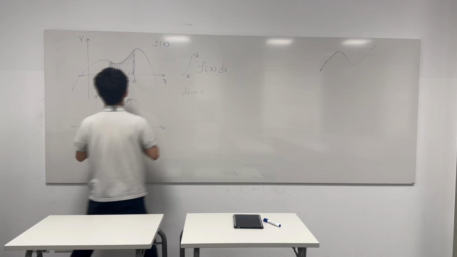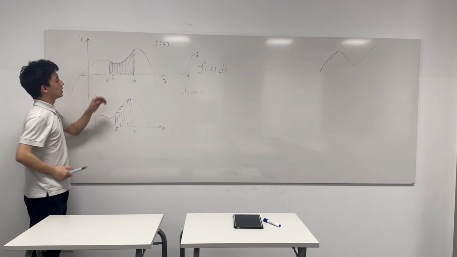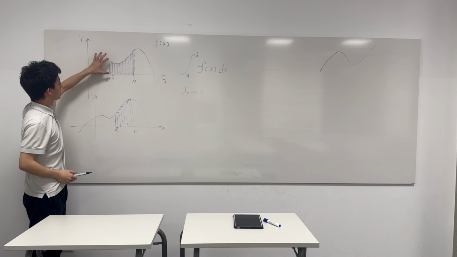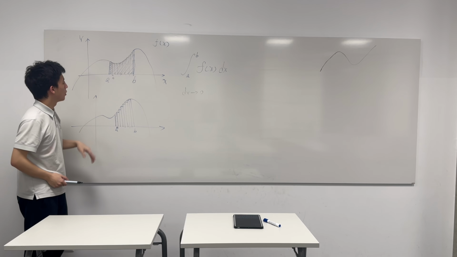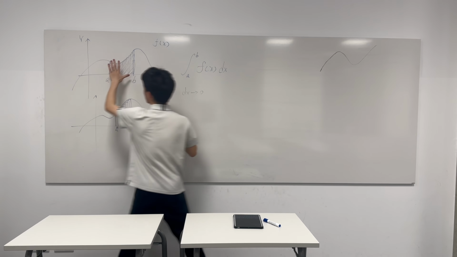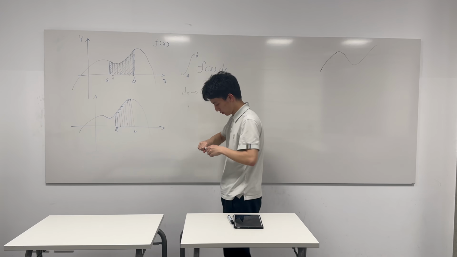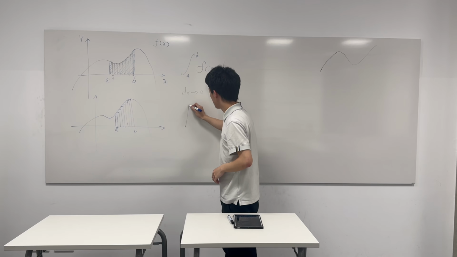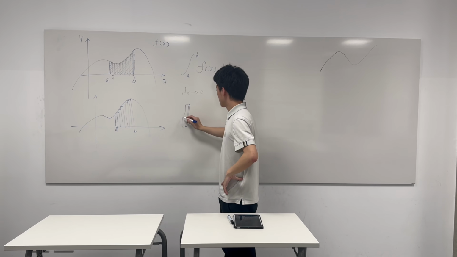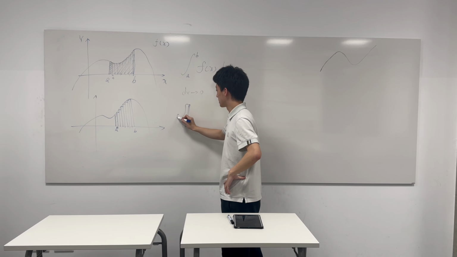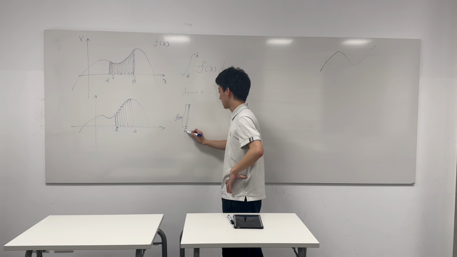Therefore, we are basically calculating the sum of the function output. Why? Because for each rectangle, the length is equal to f(x) and the width is equal to dx.